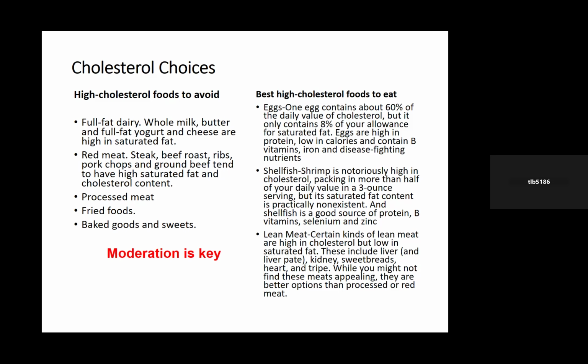Sweetbreads are referring to the actual pancreas of an animal. Mine's not working, so I'm not planning on eating anybody else's. So there you have it. That also includes things like hearts, gizzards, and tripe. While you might find these meats appealing or maybe not find them appealing, they're better options than the spam or some of the red meats that we do choose.